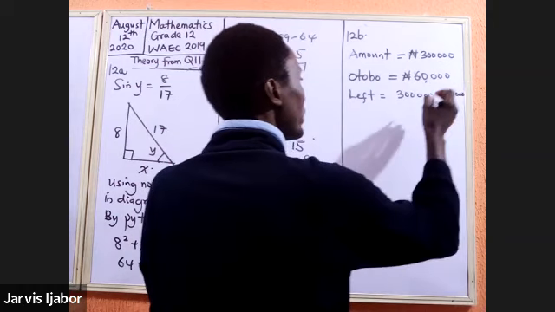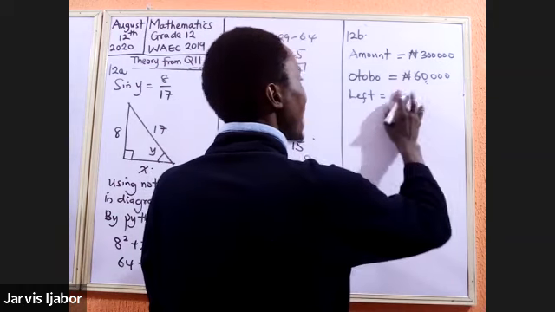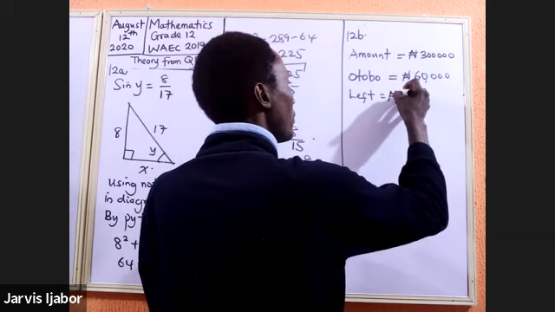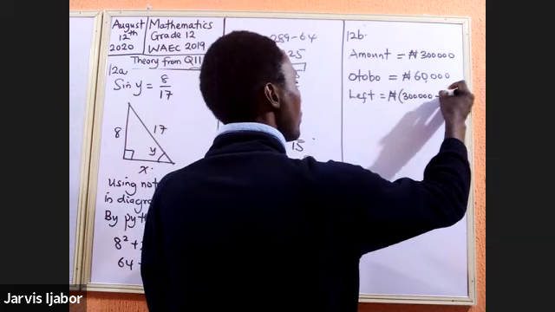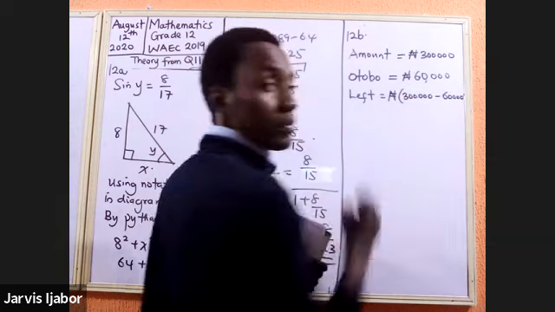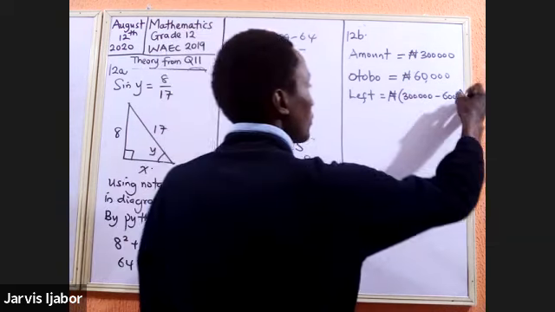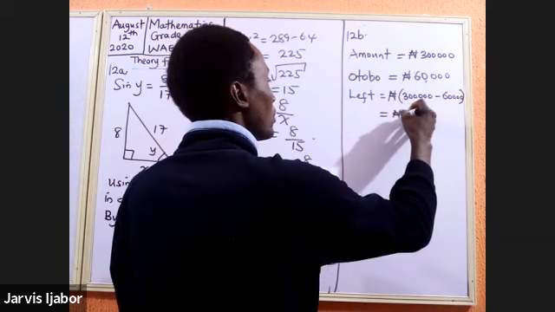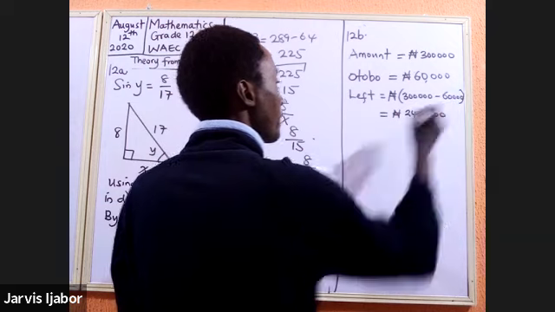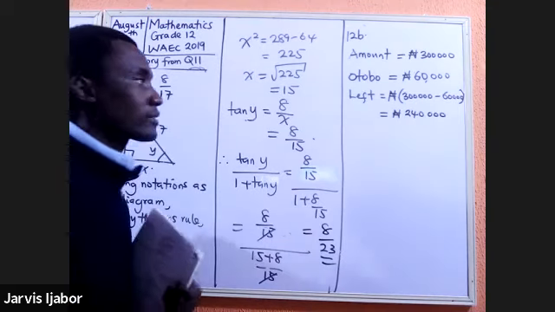What I'm doing, I'm addressing the issues as they come. So that will be equal to 240,000. Are you seeing that? So that's what is left.